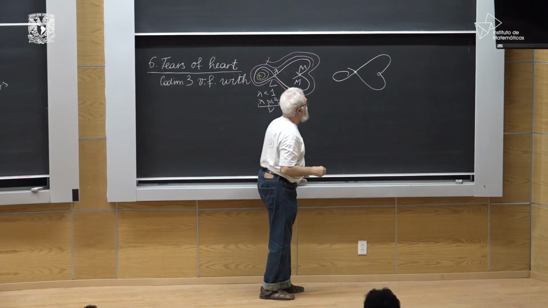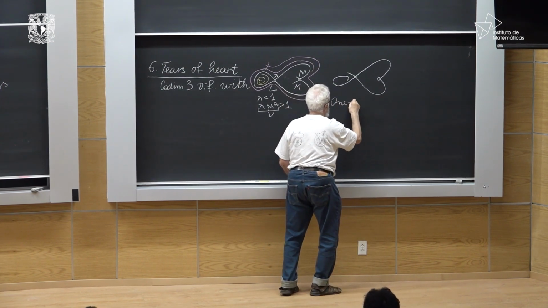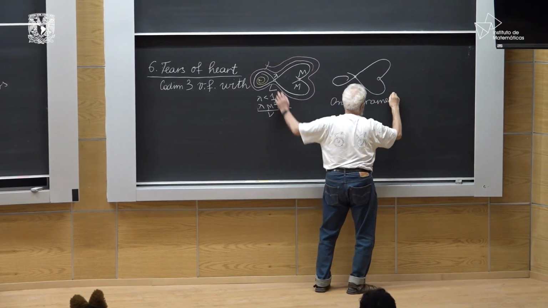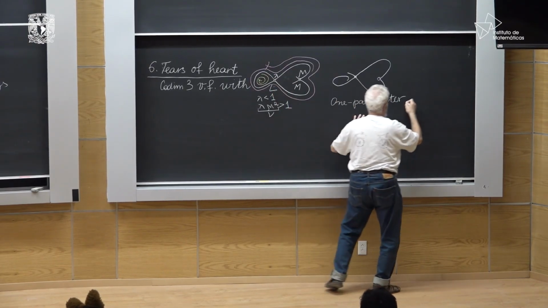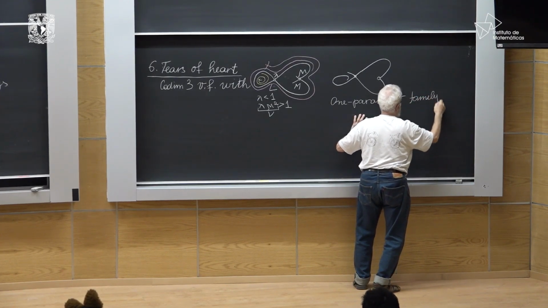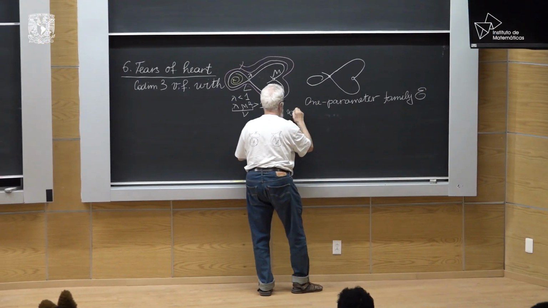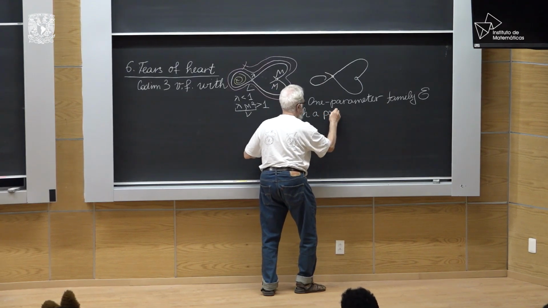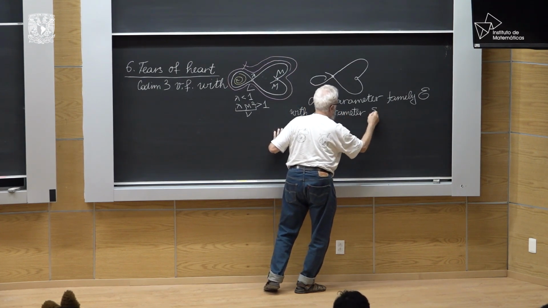Then this is a one-parameter subfamily of the unfolding of this vector field, of the perturbation of this vector field, one-parameter family E with a parameter epsilon.